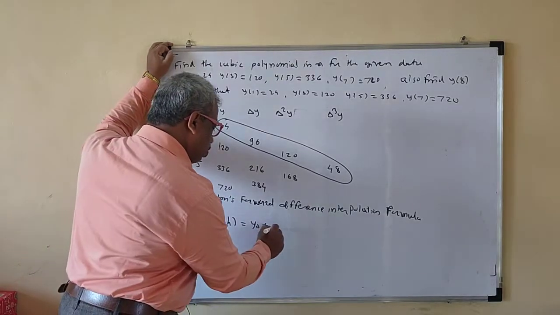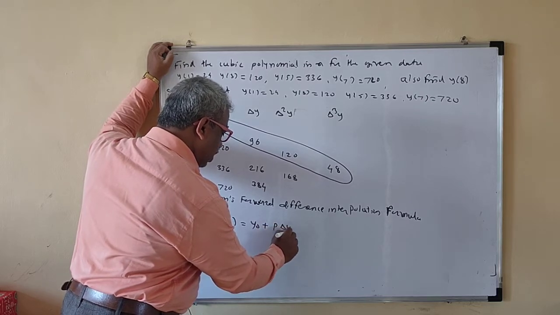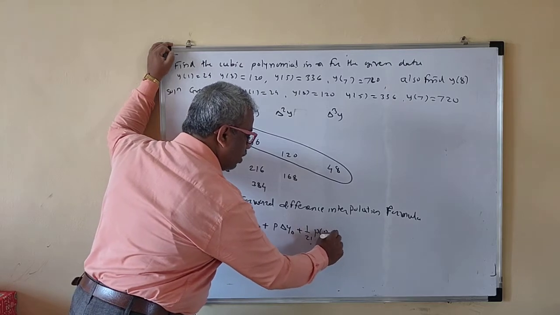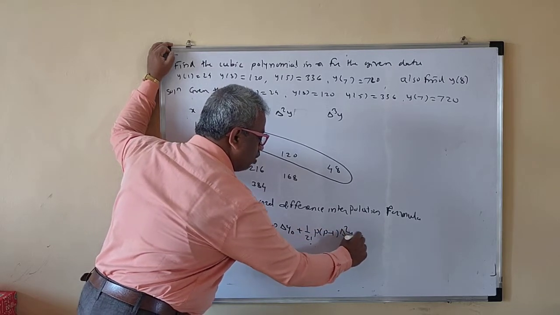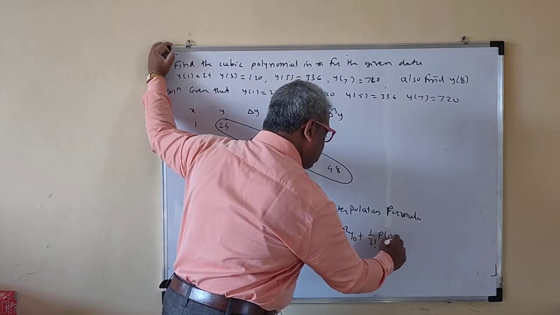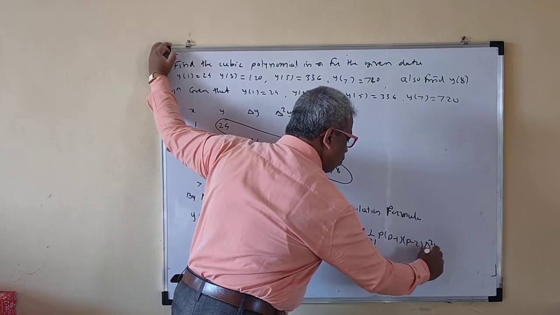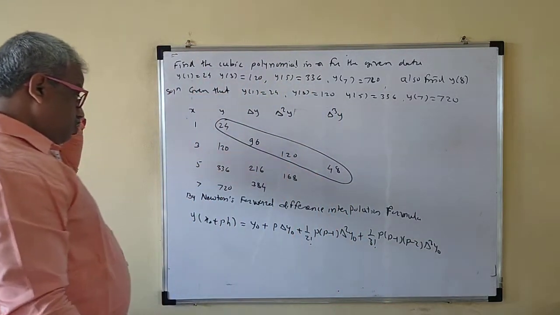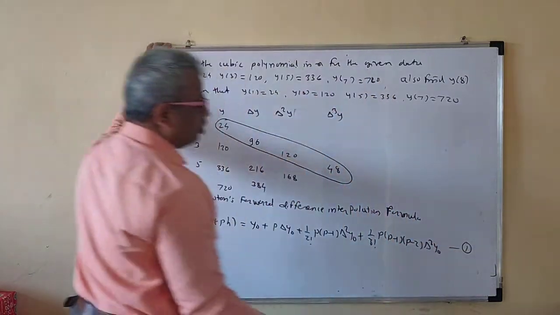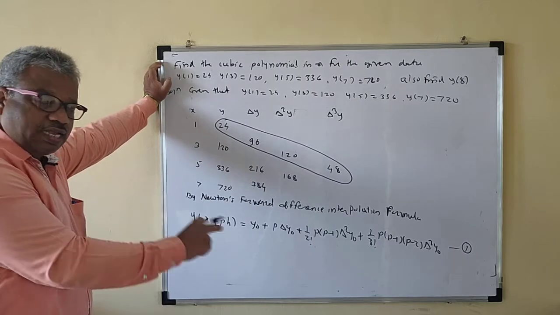So this is p delta y naught plus 1 upon 2 factorial p into p minus 1 del square y naught plus 1 upon 3 factorial p into p minus 1 into p minus 2 del cube y naught. Okay, so we call this as 1.